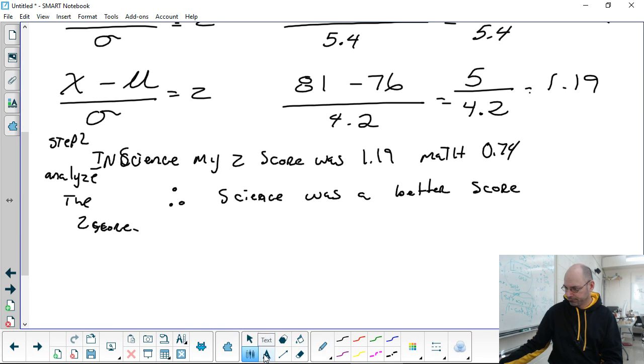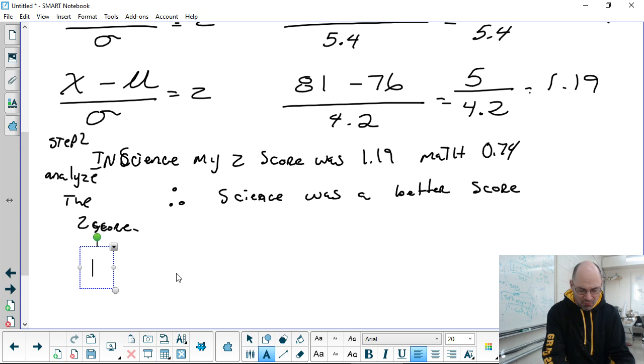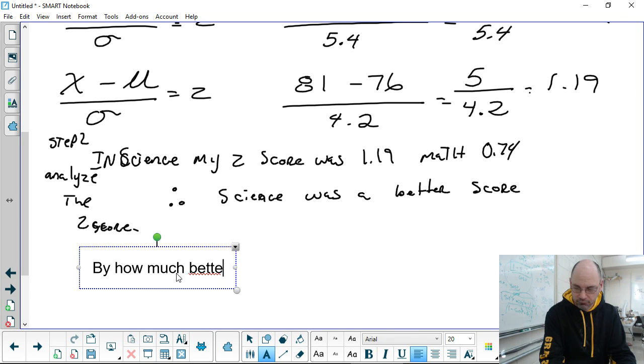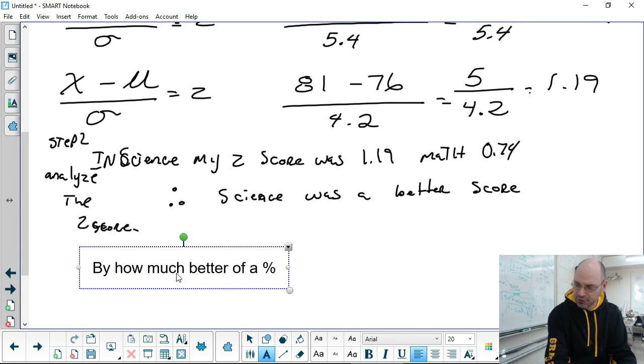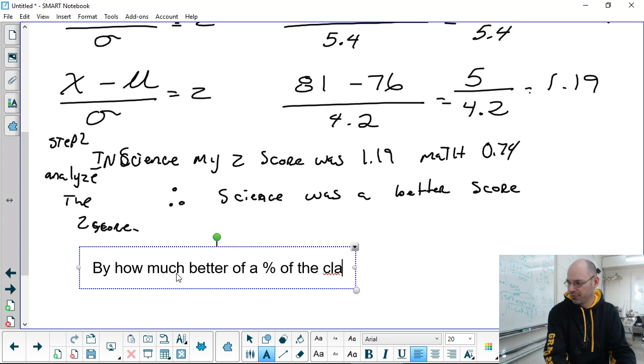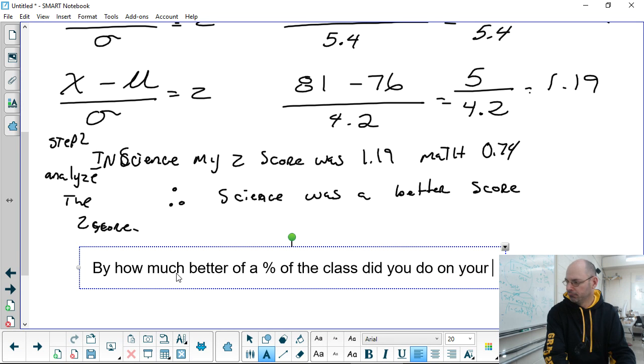Okay, so I could ask by what percentage of the population, or by how much better, we'll say, of a percentage of the class, I'm struggling with the word, how much better of a percentage of the class did you do on your science over your math?